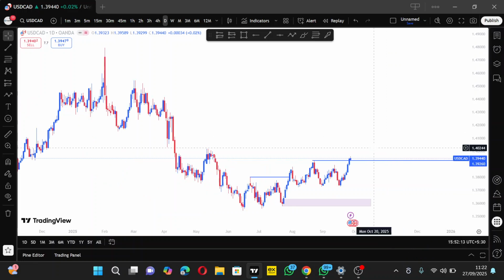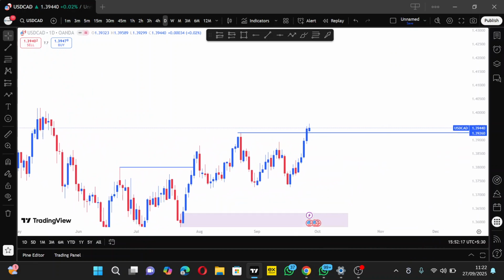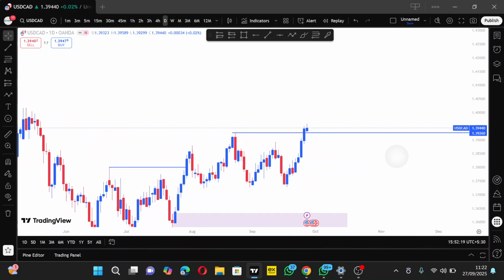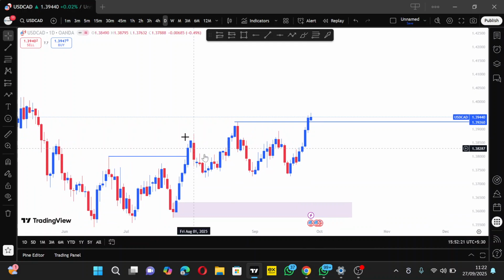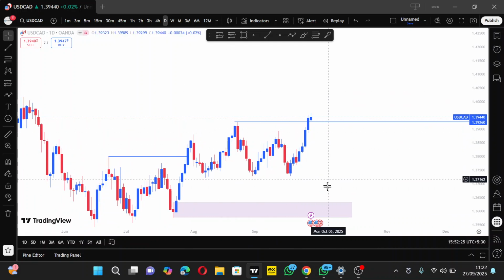USD CAD has now given us a clear movement of accumulation, manipulation, and distribution.